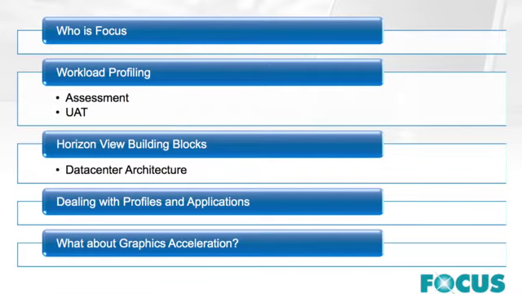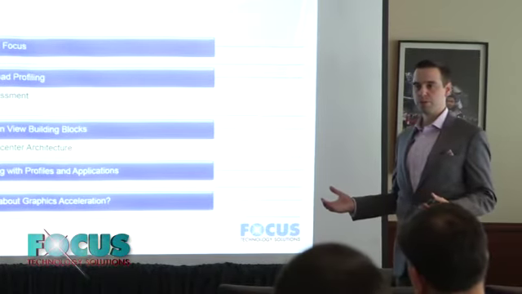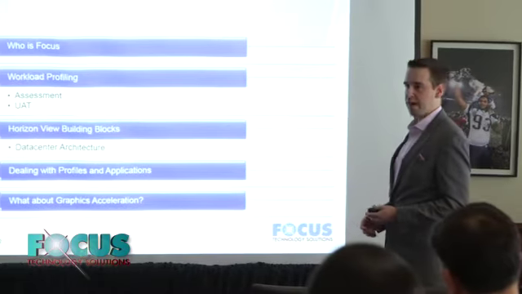We're going to go over the building blocks of the Horizon View environment, all the components that are involved, some of the new information that's come out recently about App Volumes being released, which was previously Cloud Volumes, dealing with profiles and applications, and everybody's favorite topic now is what about graphics acceleration? So now we've virtualized these real basic workloads. How do we keep moving up the stack?